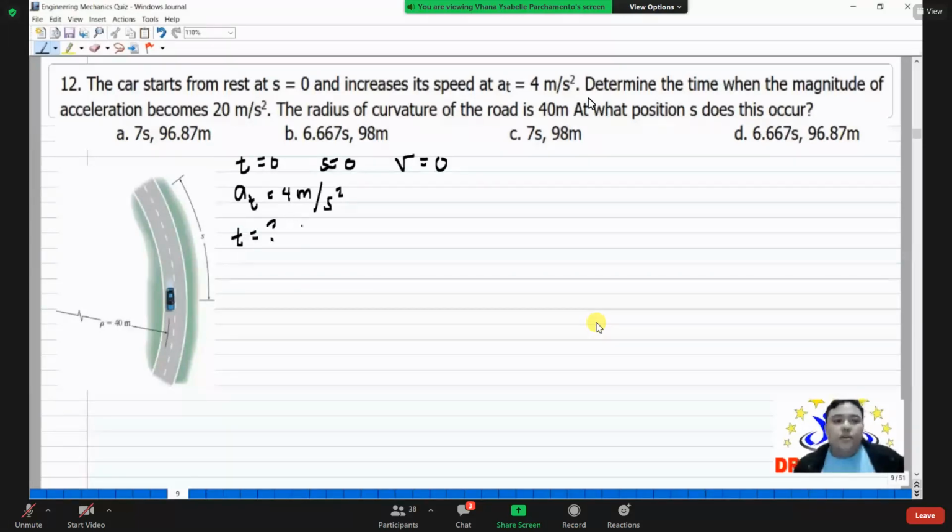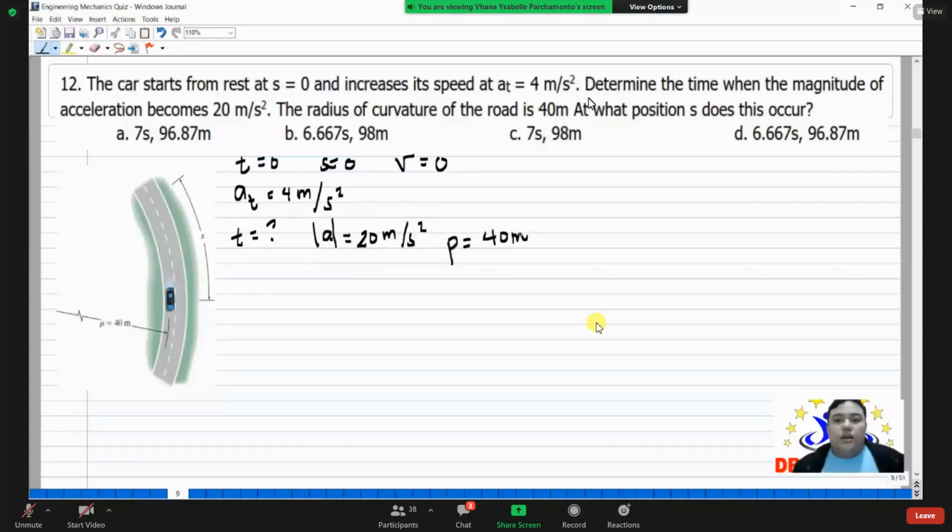So T, when the magnitude of the acceleration, so given yung magnitude ng acceleration, so it becomes 20 meters per second squared. And the radius of the curvature of the road is equal to 40 meters.